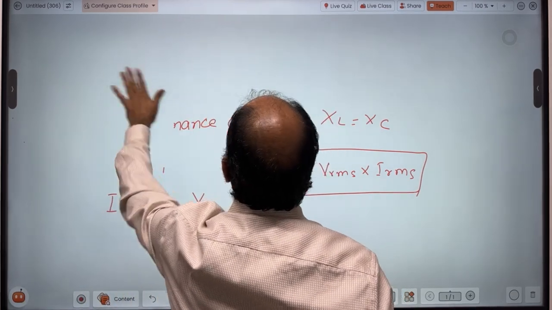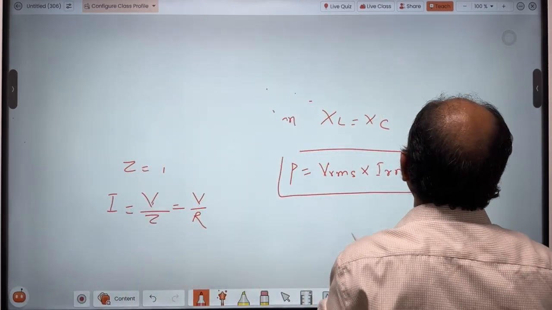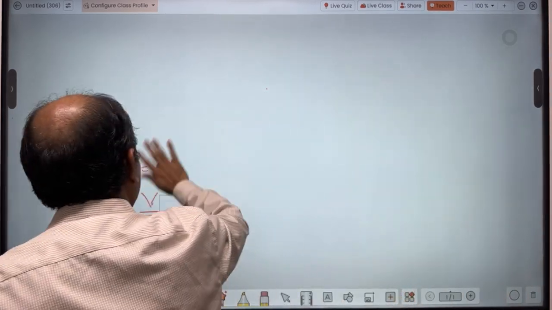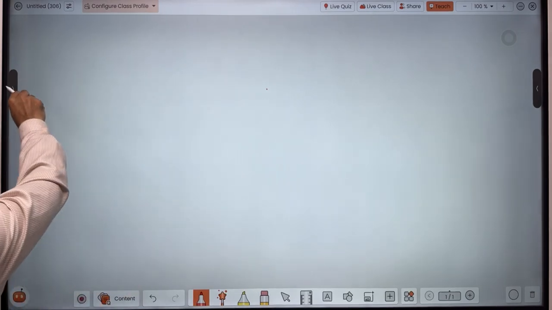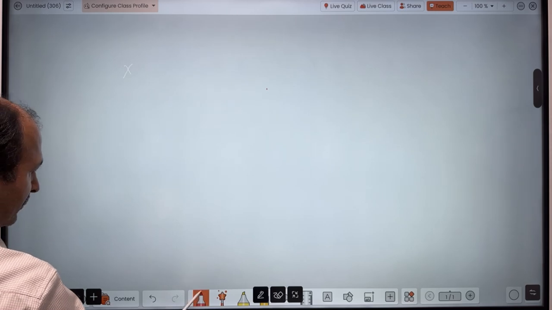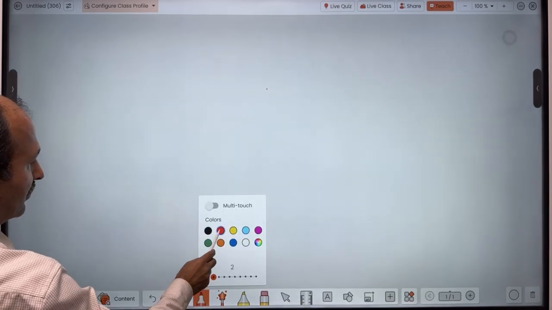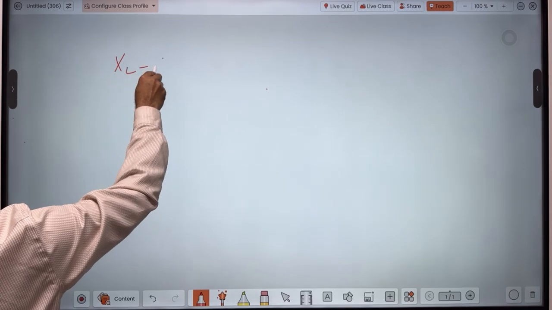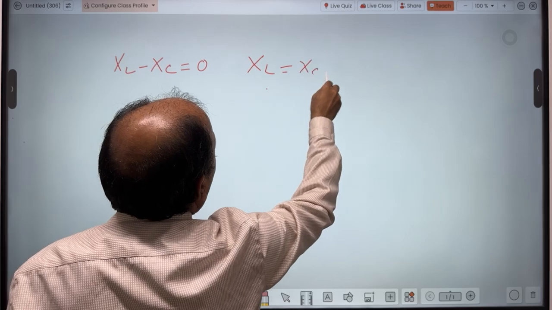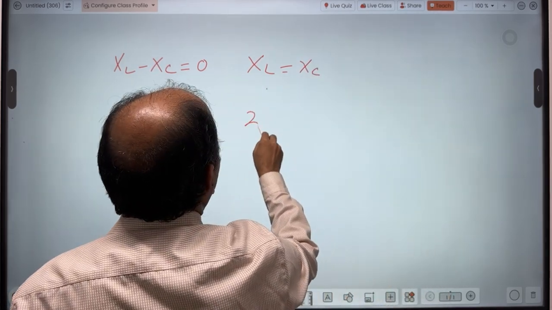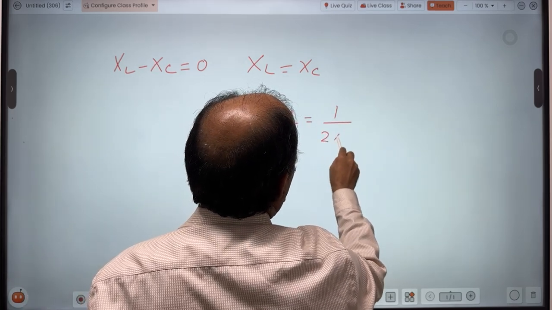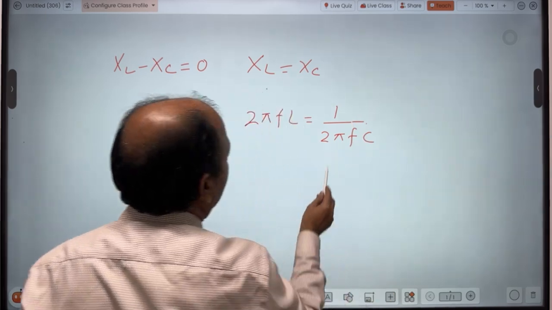So resonant frequency will be: XL minus XC equal to 0, or XL equal to XC, but XL equal to 2 pi FL and XC equal to 1 upon 2 pi FC, right?